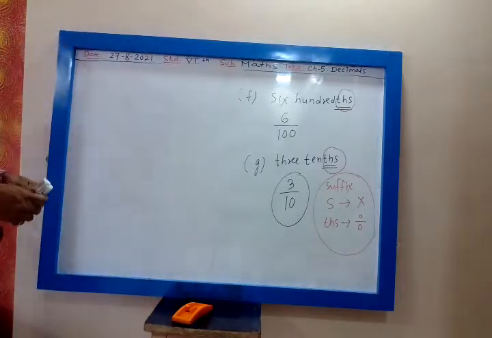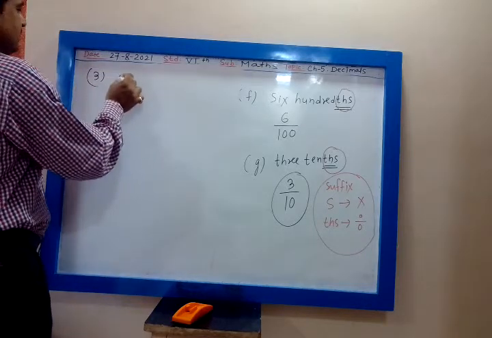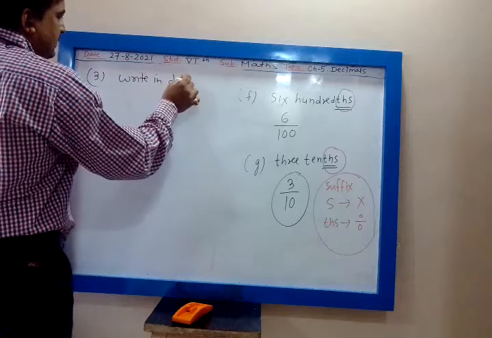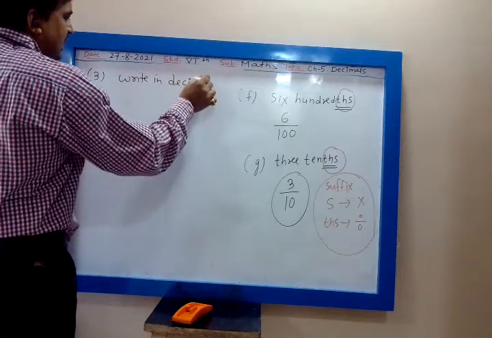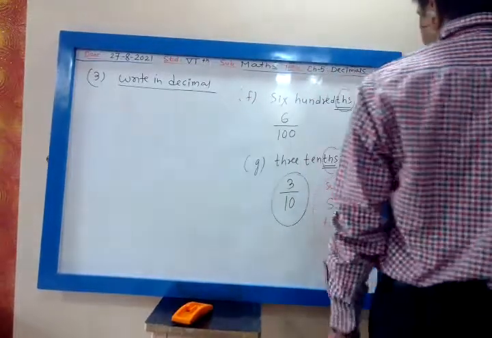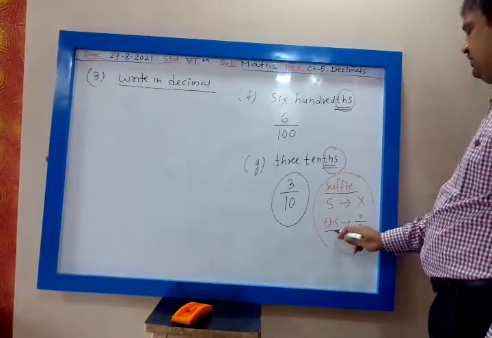First, write in the decimal. I have written there suffix. If suffix is S, multiply. Suffix is THS, divide.